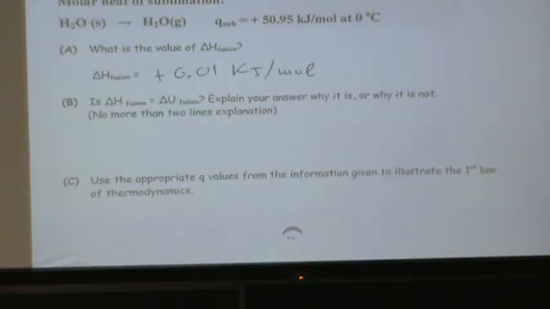So basically what it's telling you is if I can go from here to there, and I spend so much energy, it will be the same if I go from the same point to the same point in one step instead of 2 or 3 or 100 steps. It should be the same energy, as long as the initial state and the final state of the system are the same energy-wise, then it doesn't matter what the path is, the energy involved is going to be the same. That's what the first law of thermodynamics is really telling us, right?